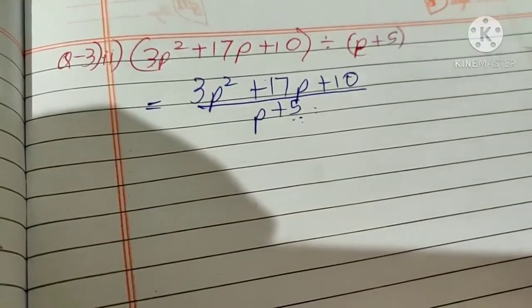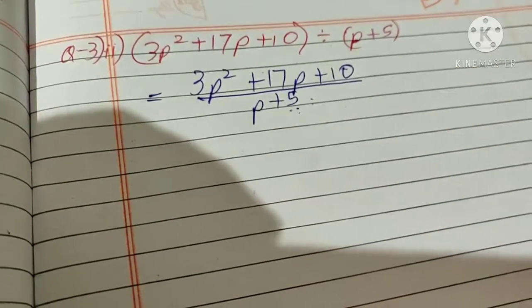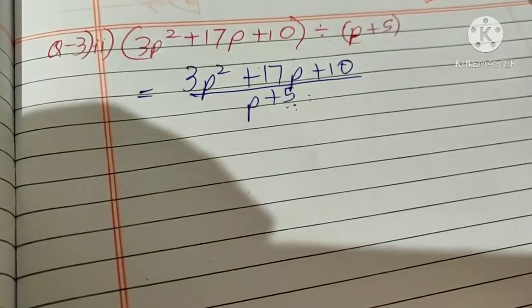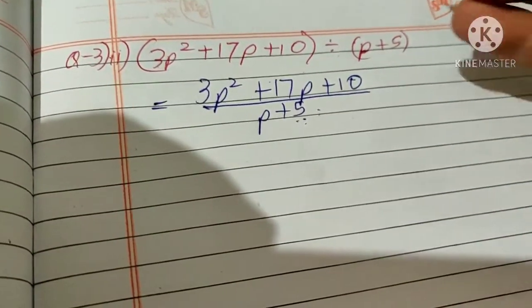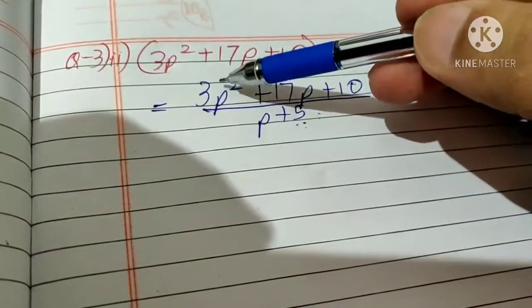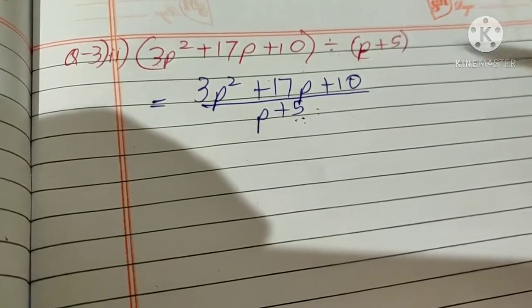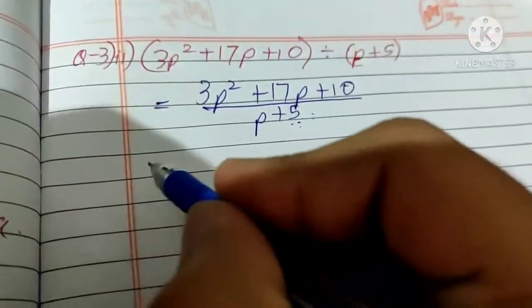If we check in the numerator, then we will try to factorize it like we have done in the last exercise. How will we factorize it? Here it is 3P square plus 17P plus 10. We have to factorize this. So what will we do?